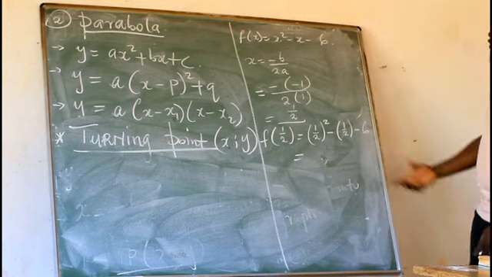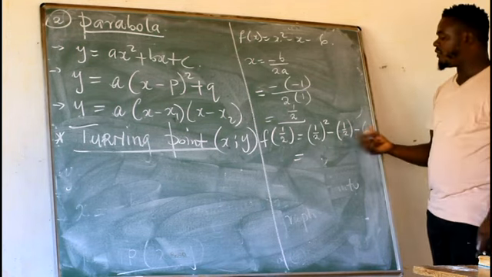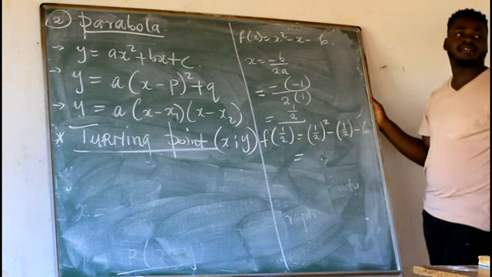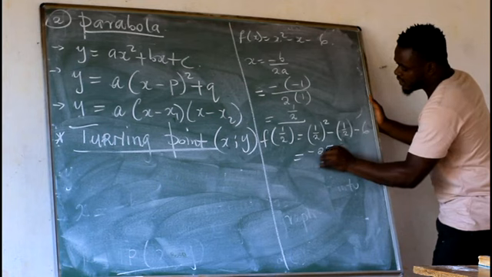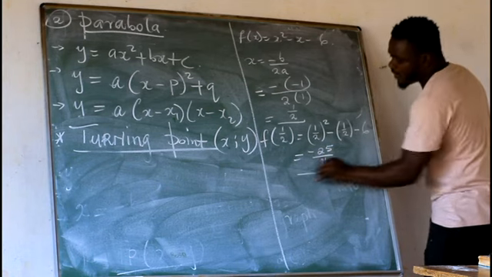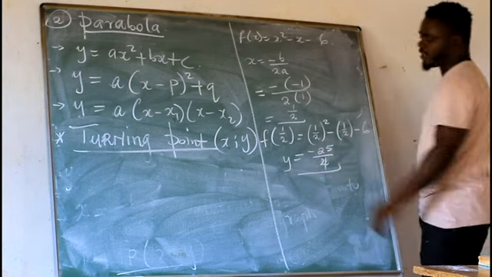Now (1/2)² − 1/2 − 6 is going to be −25/4. Negative 25 over 4. That is your y value.